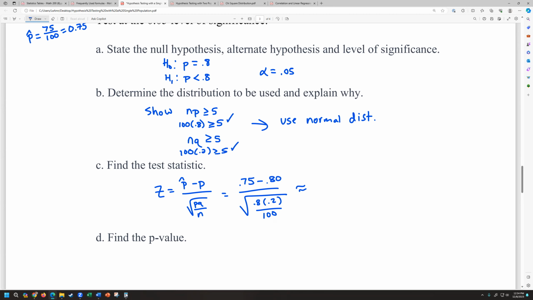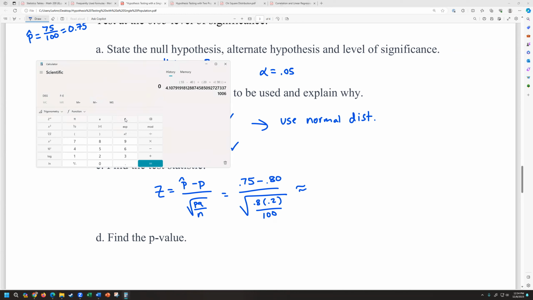Okay, so we're going to get a z-score for this. So let's work it out. Parentheses for my top, 0.75 minus 0.8. Close my parentheses, divided by, open a parentheses. And then this is where things get a little crazy for me. I'm going to open a second set of parentheses for everything I want to be in that square root. So 0.8 times 0.2 divided by 100. Close that set.